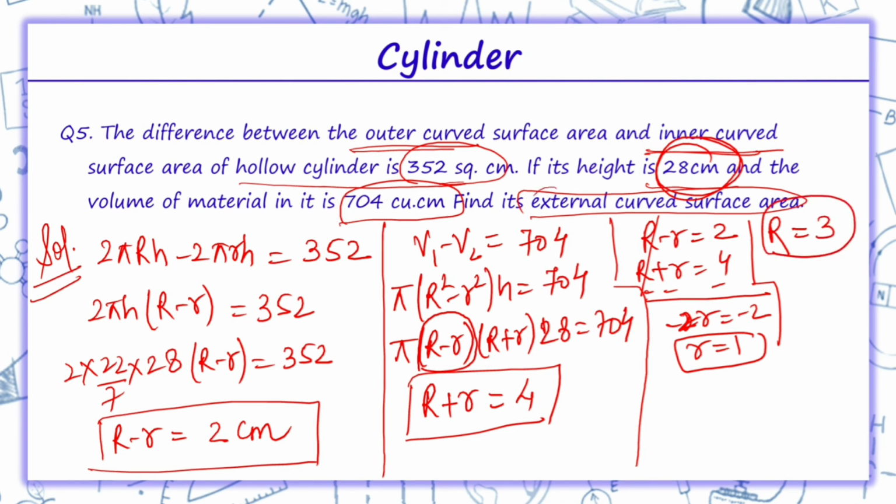Now we have to find the external curved surface area. So the formula of external curved surface area is 2 pi RH. So 2 into 22 by 7, capital R is 3, into 28. So 7 into 4 is 28. Now when we multiply it, we will get 528 centimeter square.